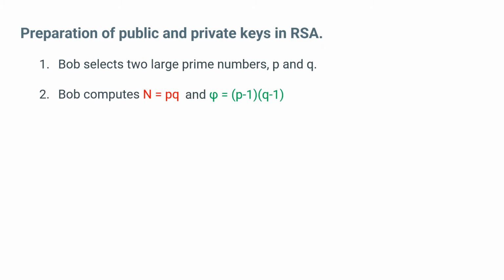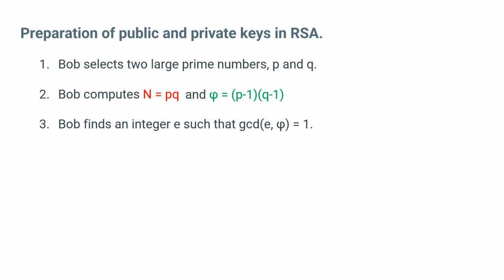He's also going to find something we're going to call phi, which is p minus 1 times q minus 1. You just subtract 1 from each of those prime numbers and multiply those together to get this number called phi.